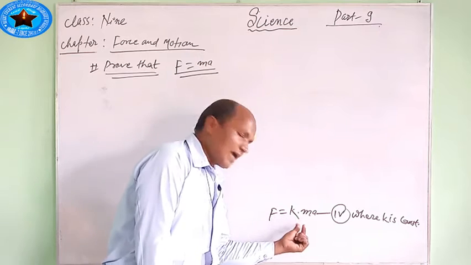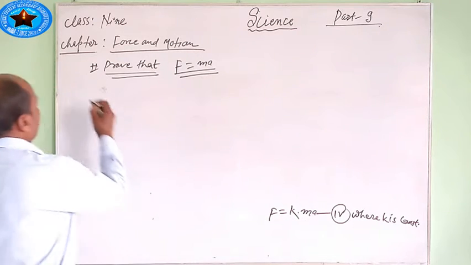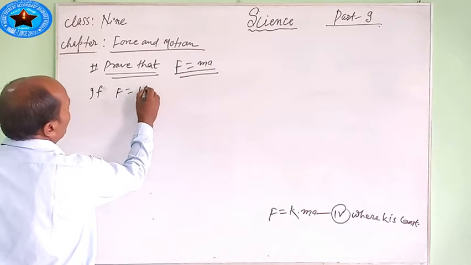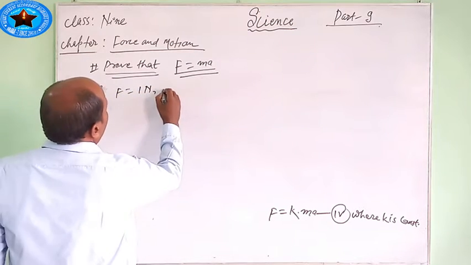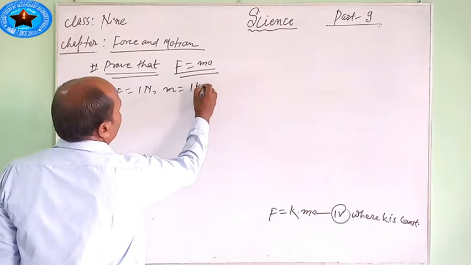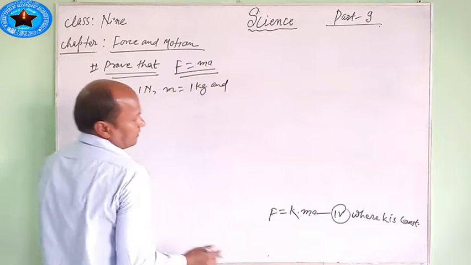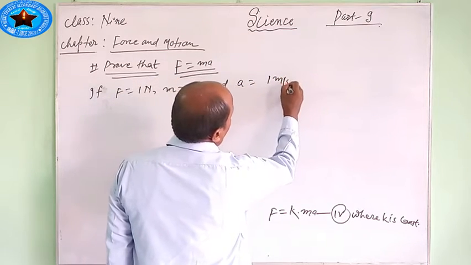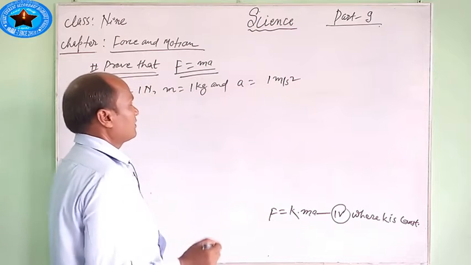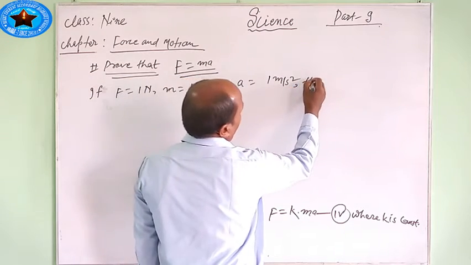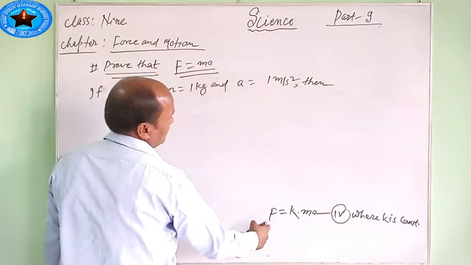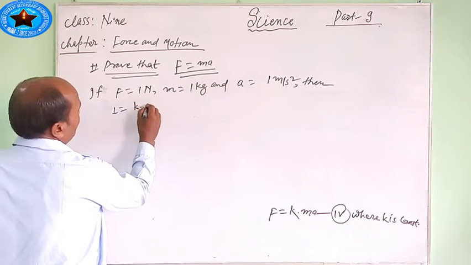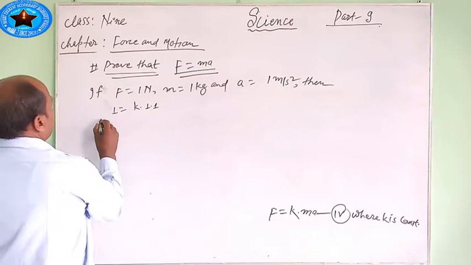You have to find the value of this K. Here, if F is equal to 1 Newton, m is equal to 1 kg, and A is equal to 1 meter per second squared, then from this equation, 1 is equal to K into 1 into 1.